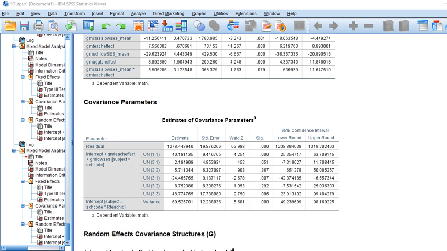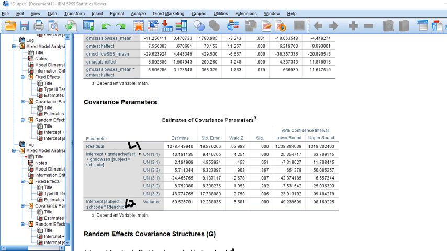You'll see you've got the level 1 residuals right here. Down here, we've got the level 2 intercepts, reflecting variation in math achievement between classrooms. And then down here, you've got the variation in different parameters between schools.